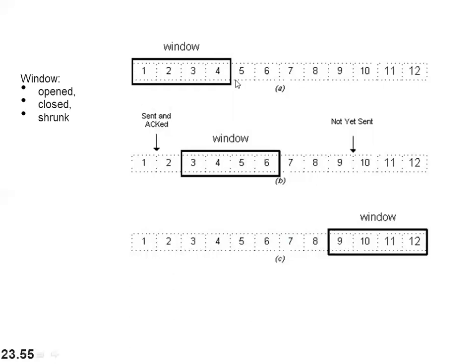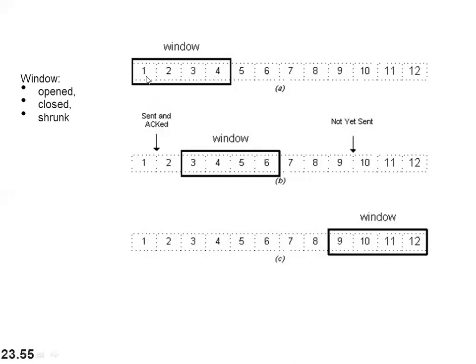Let us say in the first example, the sliding window is covering 4 bytes, byte number 1, 2, 3, and 4. That means sender TCP can transmit these 4 bytes simultaneously. Maximum 4 bytes sender TCP can transmit, that is byte 1, 2, 3, and 4 to the receiver side. Now, when it has transmitted these bytes, the sender TCP will be waiting to receive the acknowledgement for the bytes.